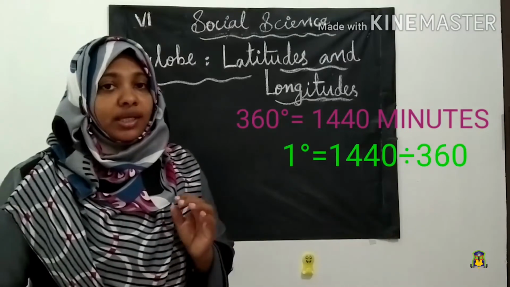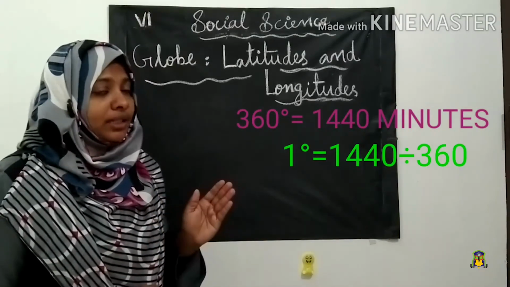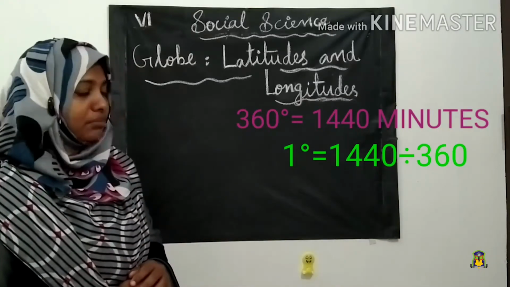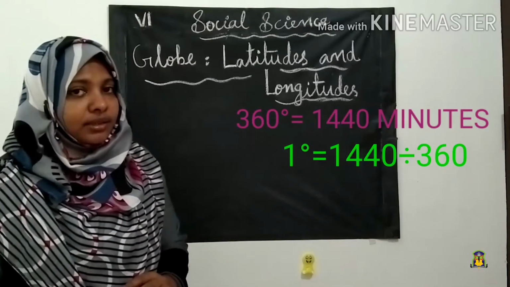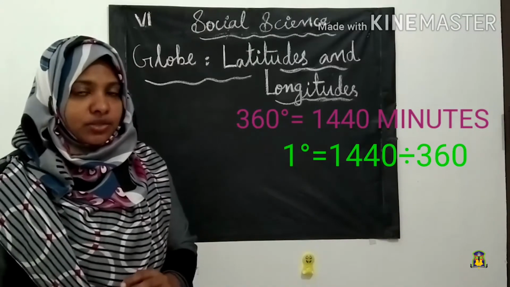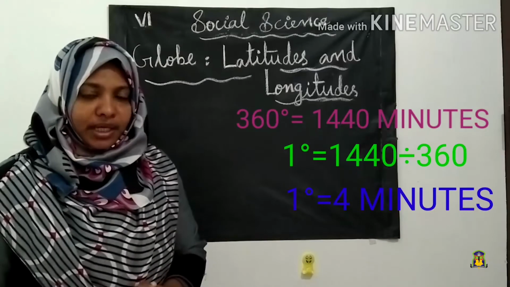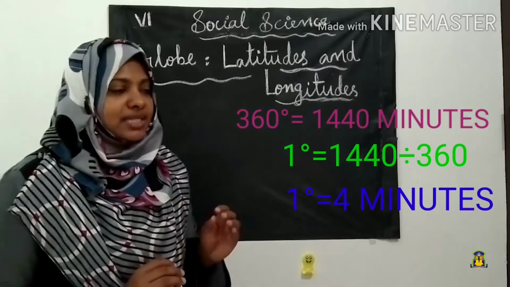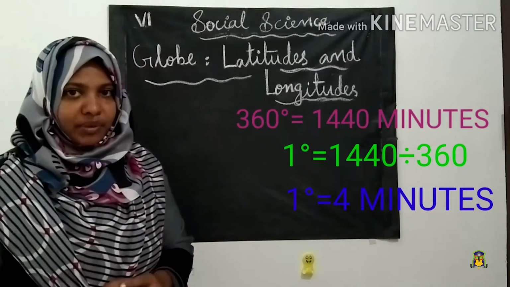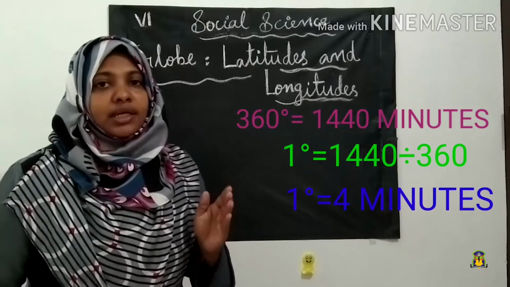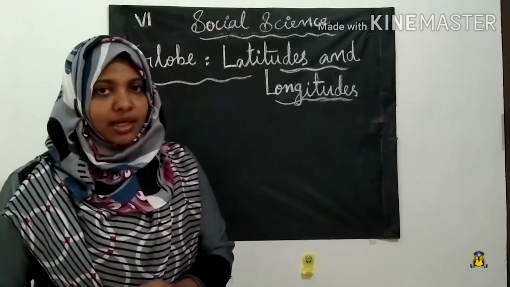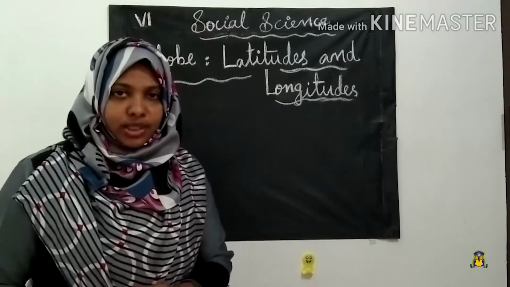So 1 degree is equal to 1440 minutes divided by 360 degrees. And the answer is 4 minutes. So 1 degree is equal to 4 minutes. So the earth takes 4 minutes to cover 1 degree.